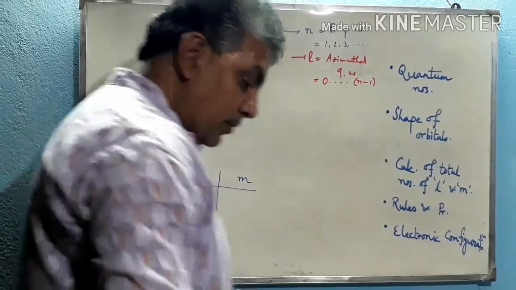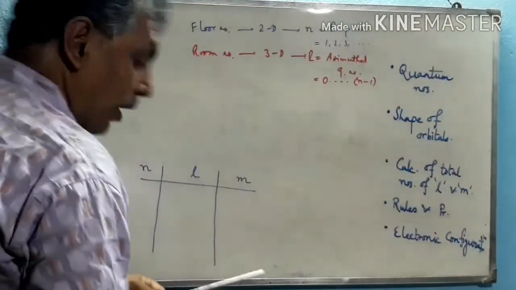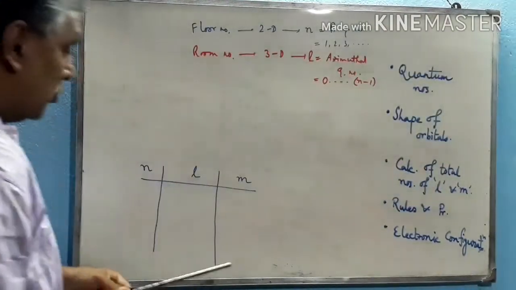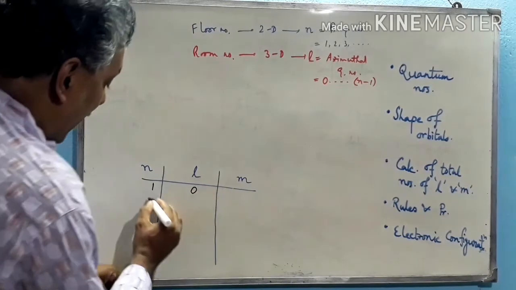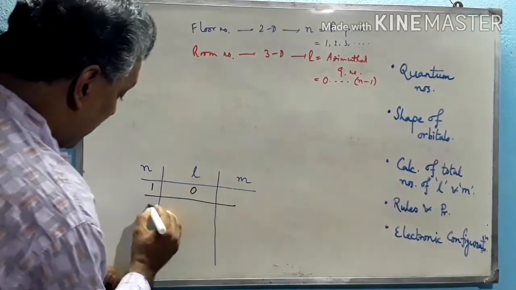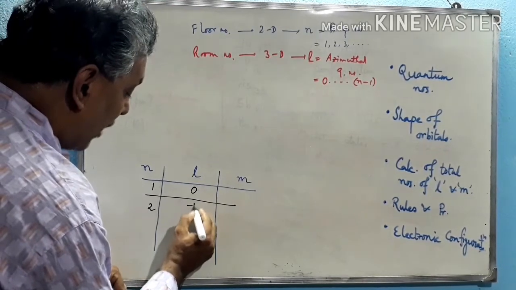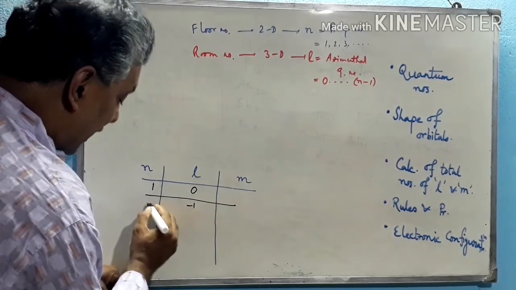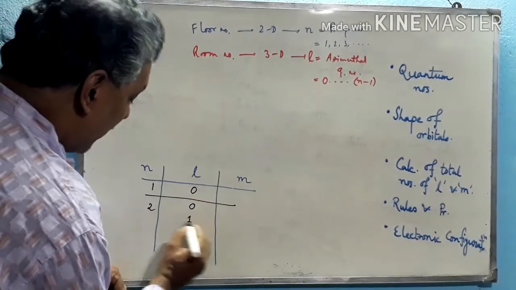For 0 to n-1: suppose n equals 1, then the value of l will be 0. For n equals 2, the value of l will be 0 and 1, that means 0 to 2 minus 1.